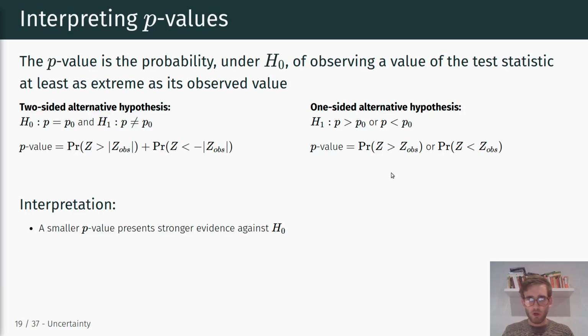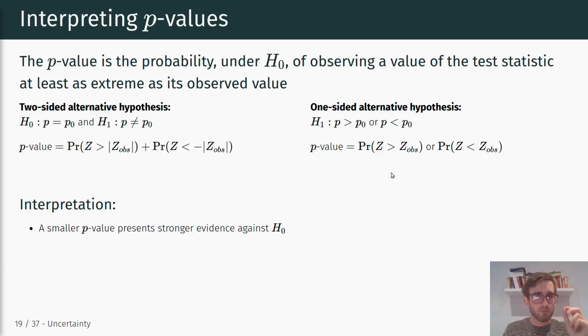When it comes to interpreting these p-values, a smaller p-value represents stronger evidence against our null hypothesis, right? Because again, go through the underlying logic. The p-value gives you the probability, assuming the null hypothesis was true, of observing the test statistic that we see in our single sample, that is as extreme as that observed test statistic, or stronger, or more extreme, right?